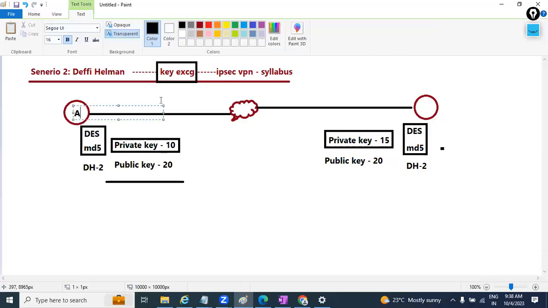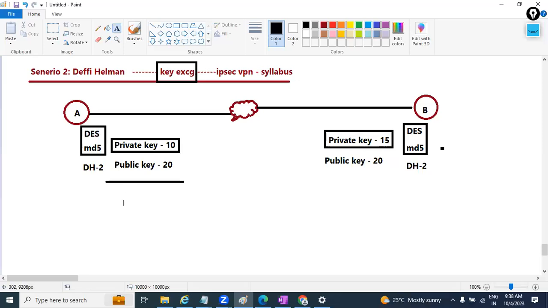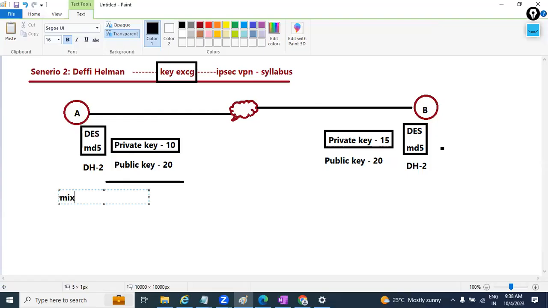After that, on this side, site A, listen very carefully, guys. Site A would generate a mixture of public and private key. What is the mixture of 10 and 20? If I add 10 and 20, that becomes 30.